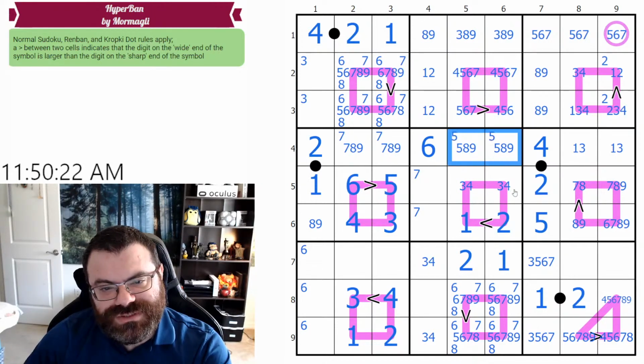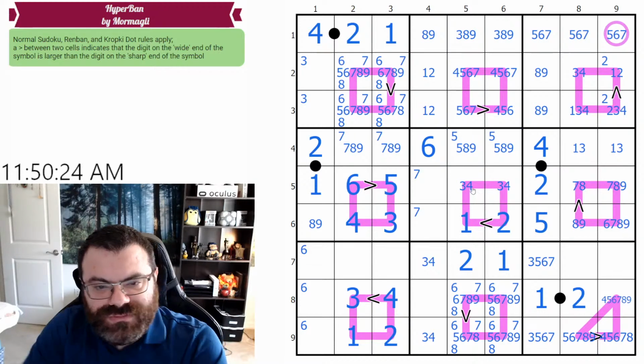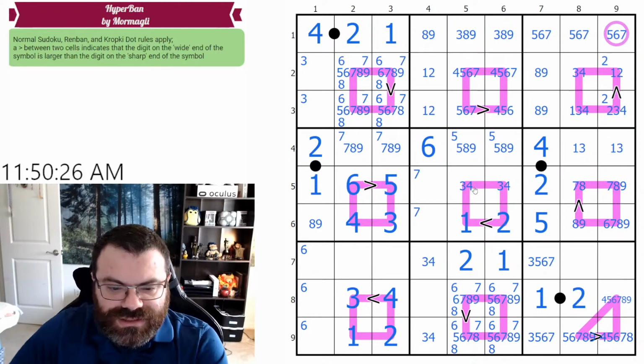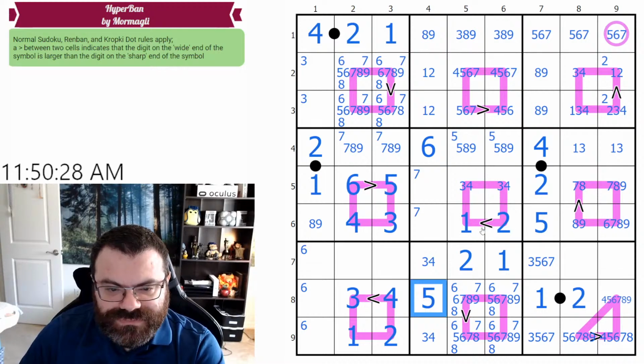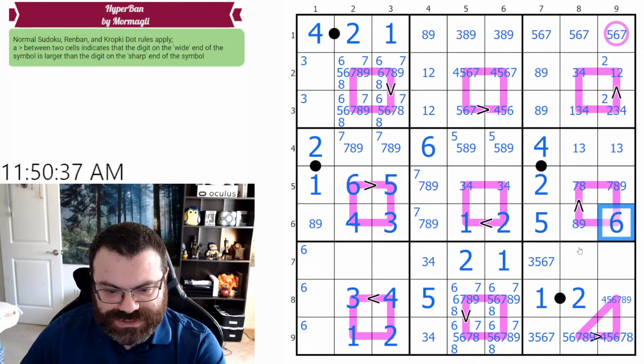So 5 is in one of these two. That means there must be a 5 right here for the column. And so this is 7, 8, 9. We have a 7, 8, 9 triple here. This is the 6 for the row.